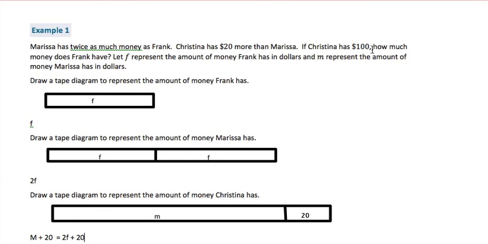If Christina has $100, how much money does Frank have? Well, if we have Christina's money represented by 2F plus 20, then we can set up the equation 2F plus 20 equals 100 and solve that equation to find out how much Frank has.